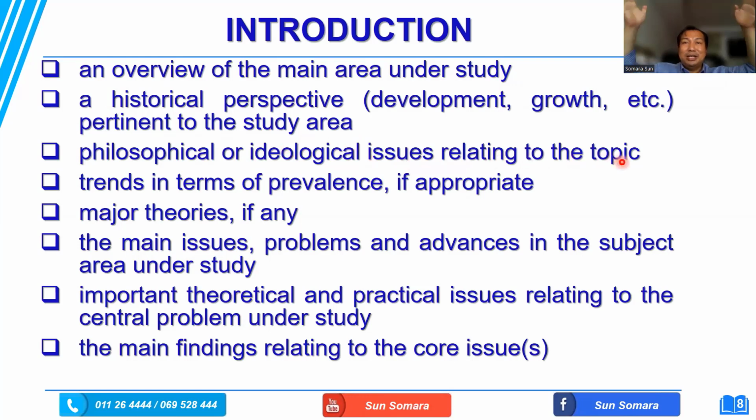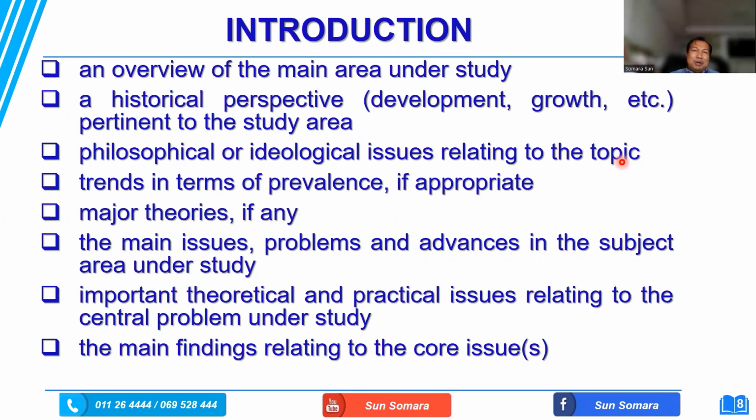They usually list down here, for example, if your topic is about English learning in Cambodia, you may start with the educational system. You can move to the other part about the thing that you are going to study.